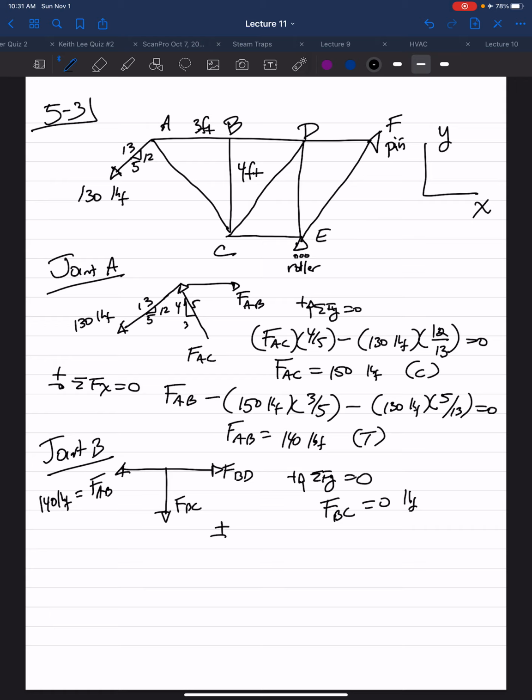If I take the sum of my forces in the x direction, we have FBD minus 140-pound force. You get FBD is equal to 140-pound force. And this is in tension, it's pulling. Let's go to a clean page.